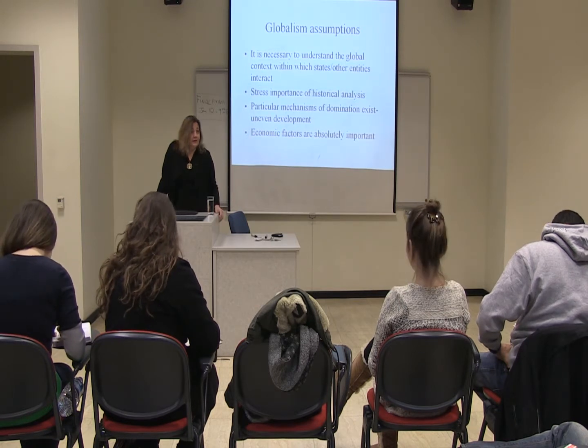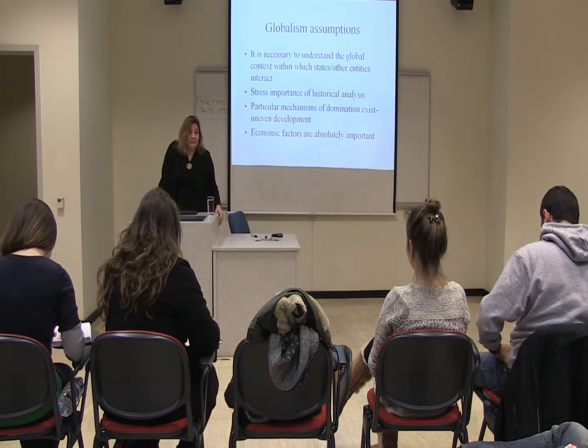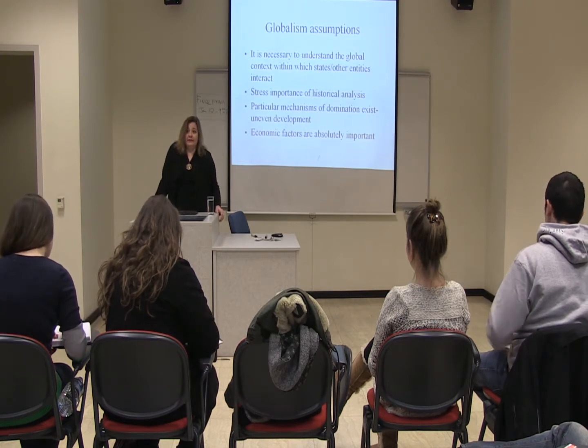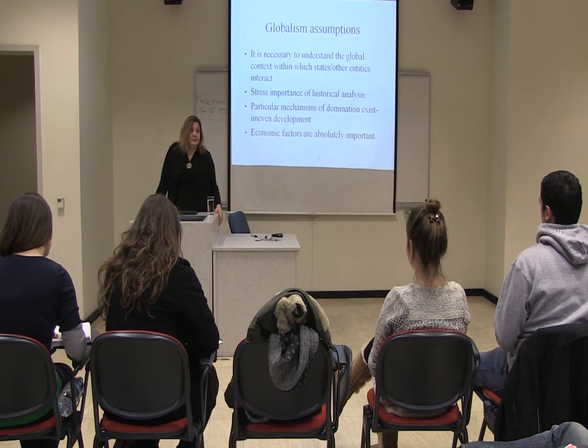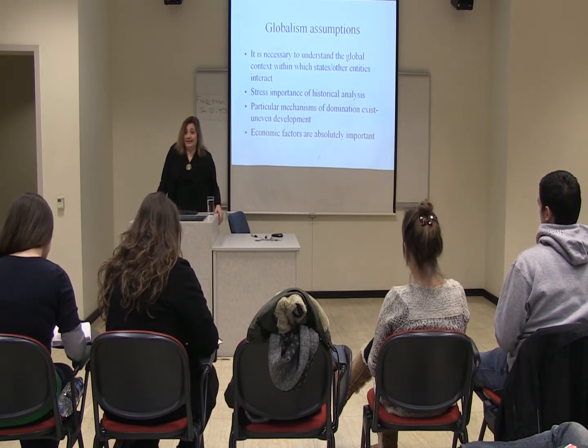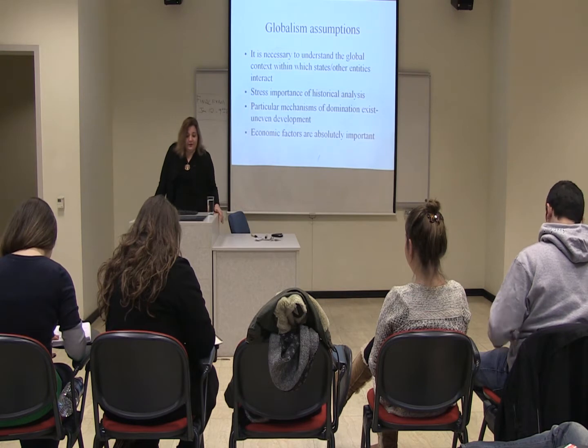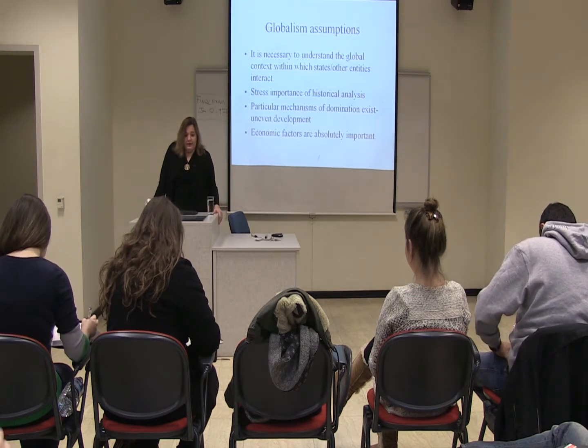Power transition theories. Theory of hegemonic stability, Robert Gilpin. What level are they? Are they state? It's system. Why? Because they look at the distribution of power at the systemic level as shaping interstate relations.